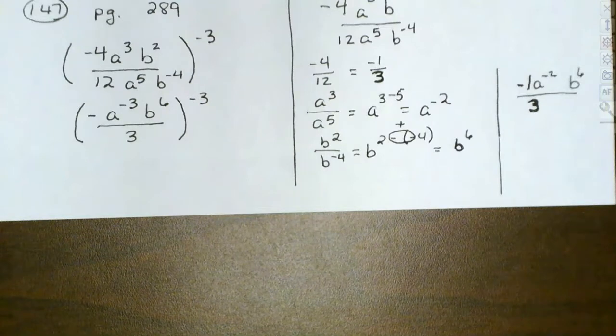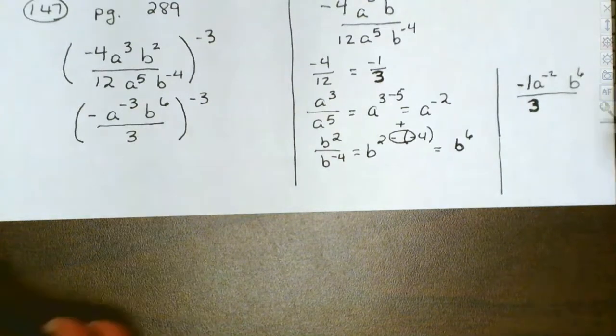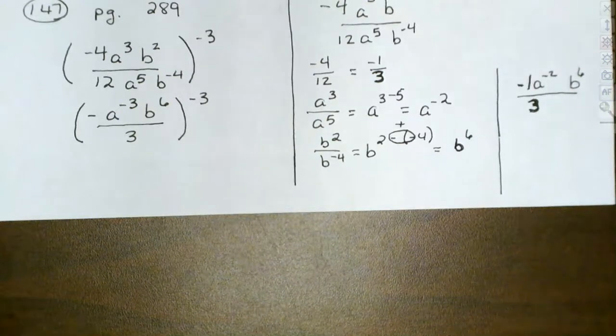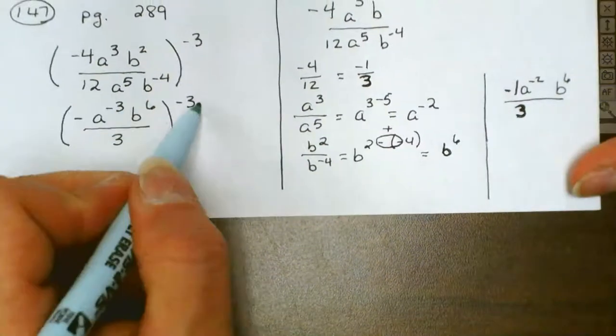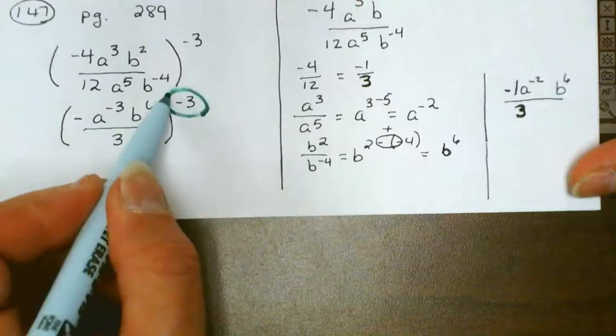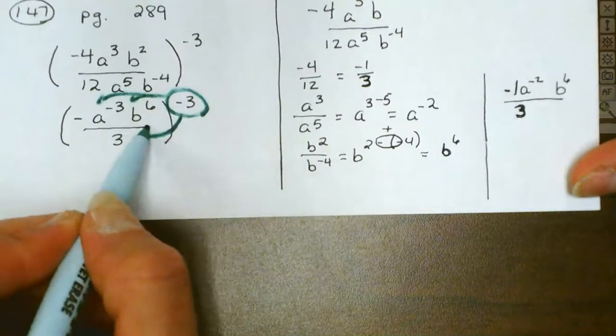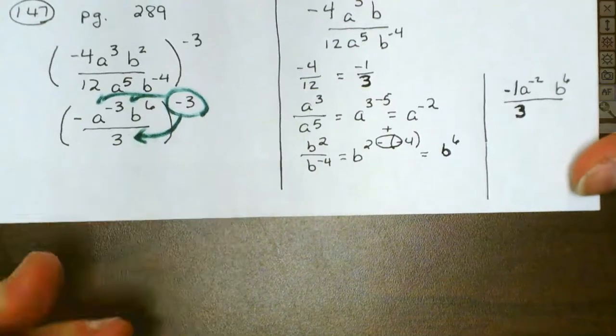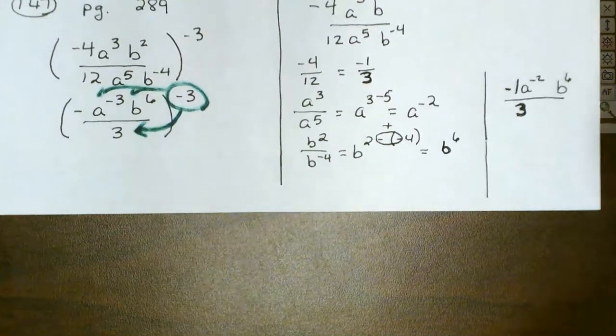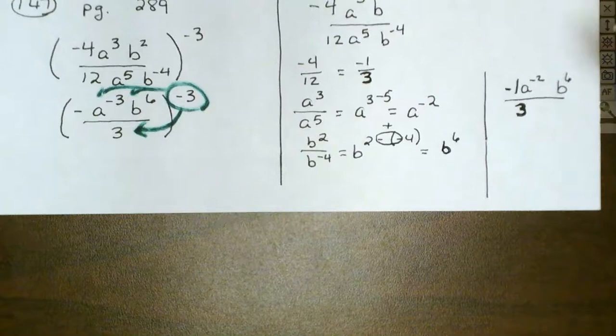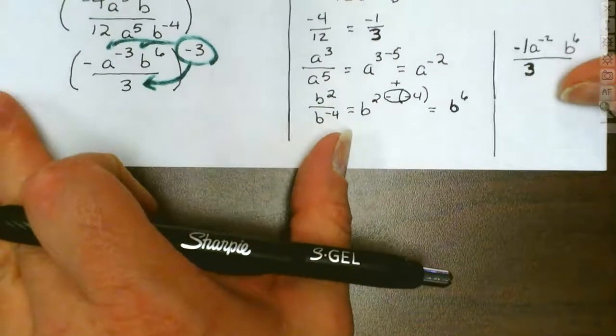Now we're going to rewrite it, which we did over here. And what do we do with that negative exponent? That negative exponent gets distributed through. And let's rewrite this now.